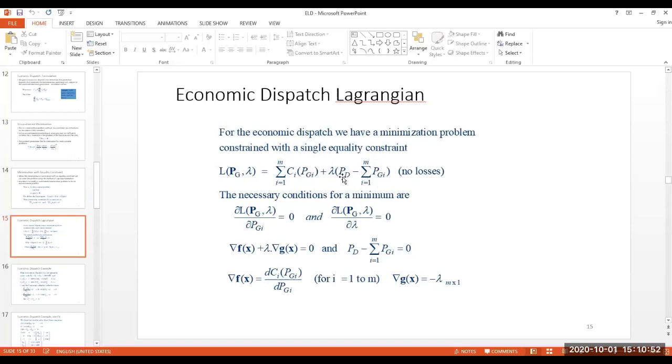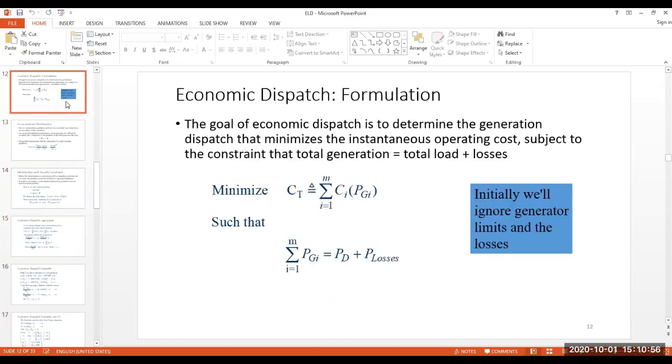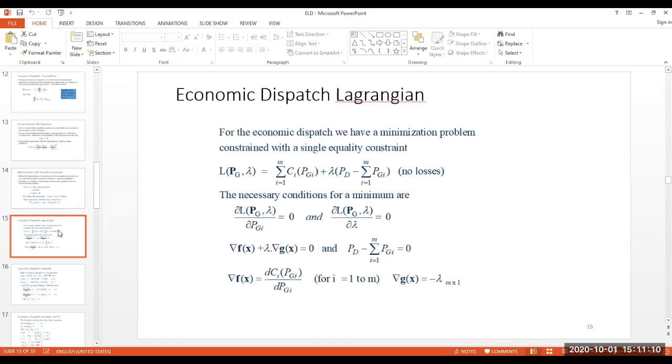So it is rewritten with PD, which was on the right hand side in slide number 12, minus this term taken on this side; P losses is 0, so on the left hand side you will be left with 0. So this is f of x plus lambda of g of x. This is my Lagrangian on slide number 15. It is also mentioned that there are no losses considered. If there are losses, then this expression will be slightly modified, which we will take up later on.